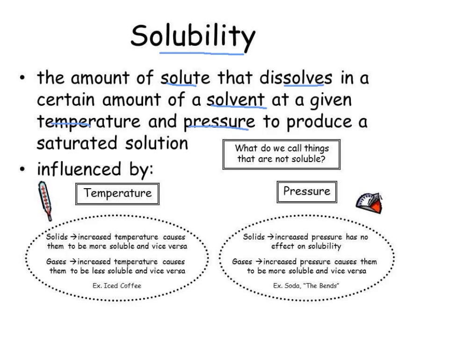So for us to produce such a saturated solution, there are two factors that influence the solubility of a material or solute in a solvent. The first factor is temperature and the second factor is pressure.